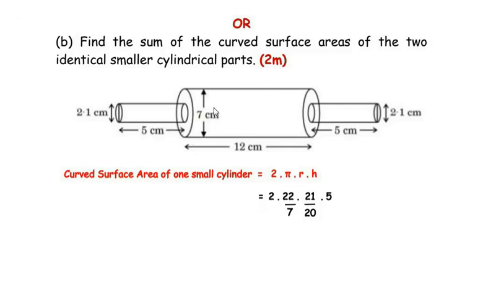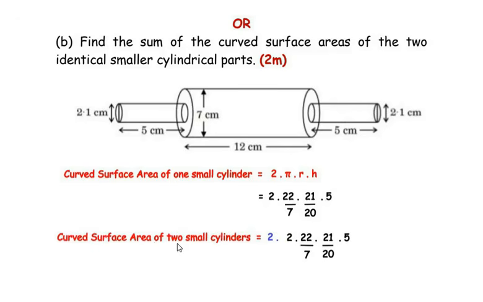Now since we have to find out the sum of curved surface areas of two cylinders, let us write here: curved surface area of two small cylinders is equal to 2 times the curved surface area of one small cylinder. So this becomes 2 times 22 over 7 times 21 over 20 times 5. Now let us simplify this. 5 in the numerator divides 20 in the denominator, that is 5 1 times is 5 and 5 4 times is 20.